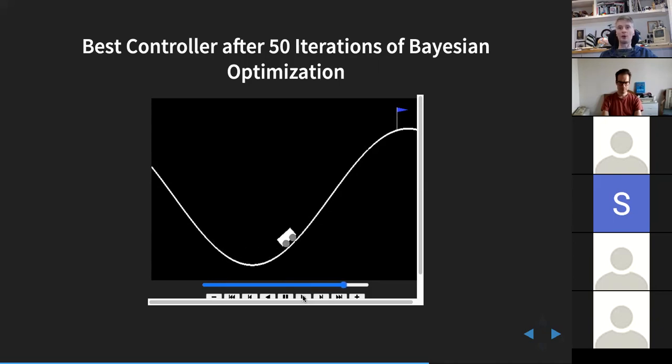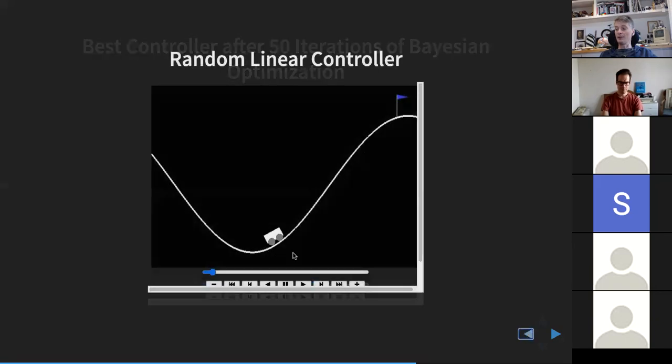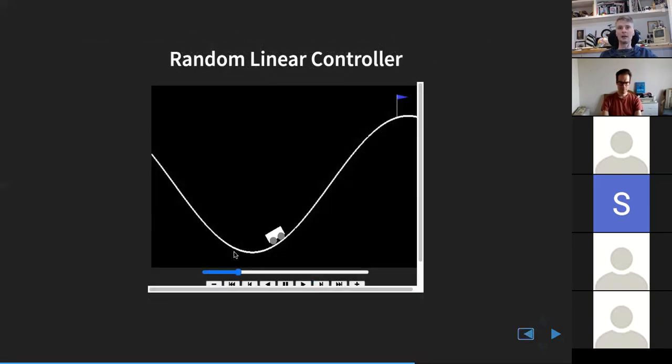So it's explored that space and it's found a set of parameters that get the car over the hill. Now, both of these, by the way, are terminating. If they don't succeed, they terminate after 500 time steps, right?